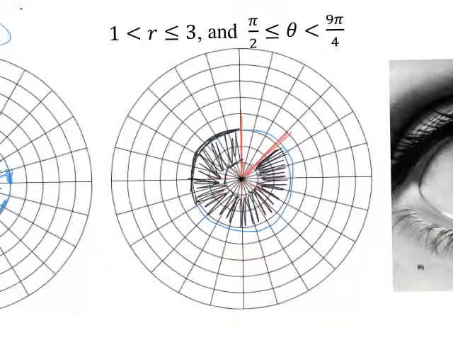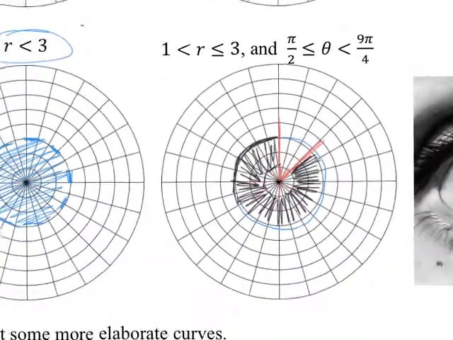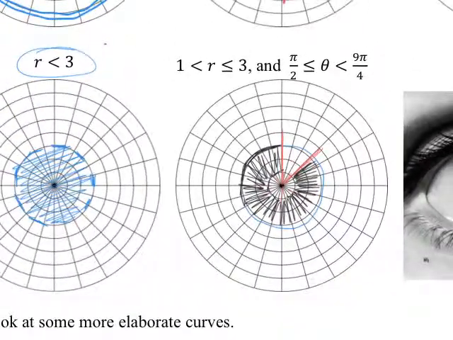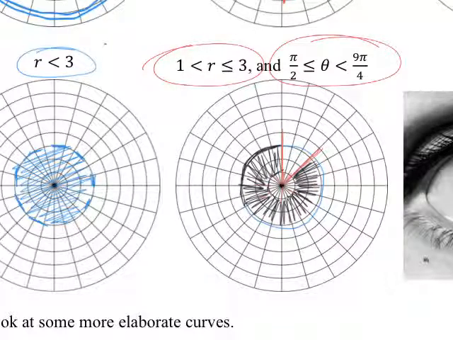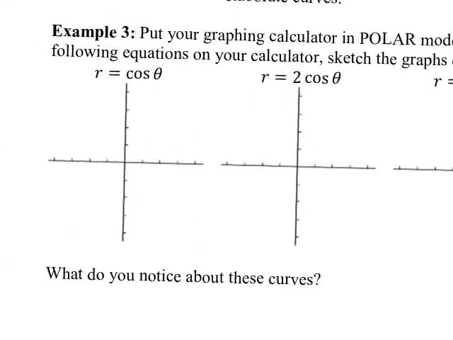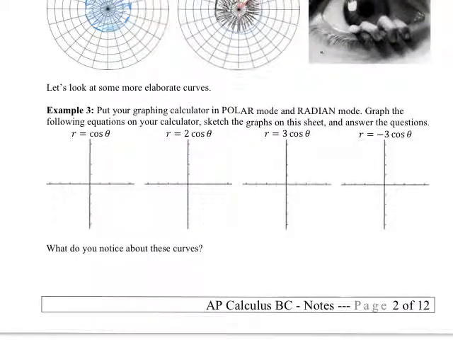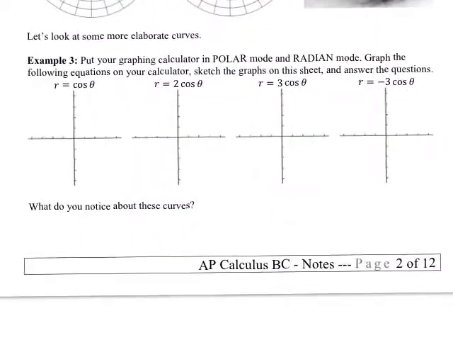For our class, we probably won't be doing too much of these graphs. I just want you to get familiar with the idea of the radius measurement and then the theta measurement, the angles. Okay, the rest of these we're going to rely on our graphing calculator to help us draw them. Example 3, we have some equations here, and it says put your graphing calculator in polar mode and radian mode.